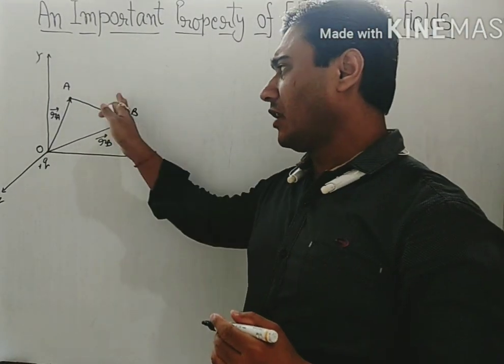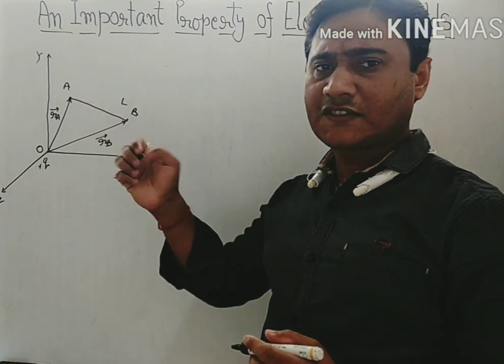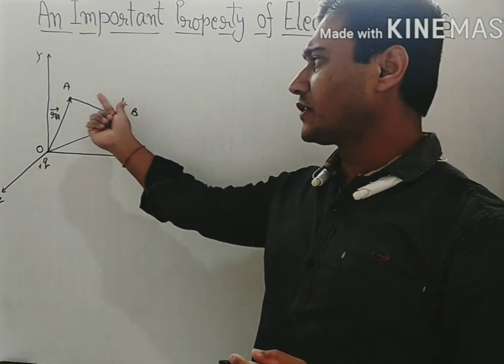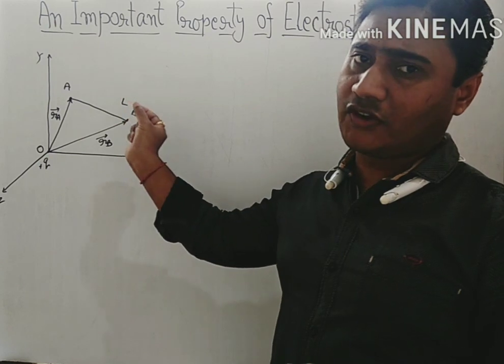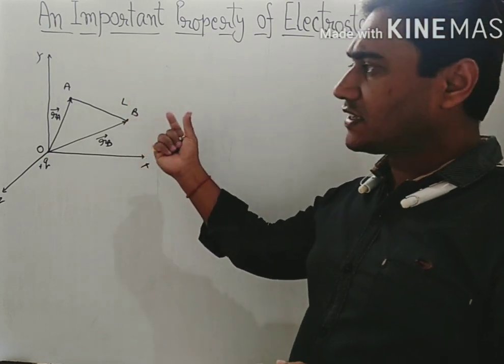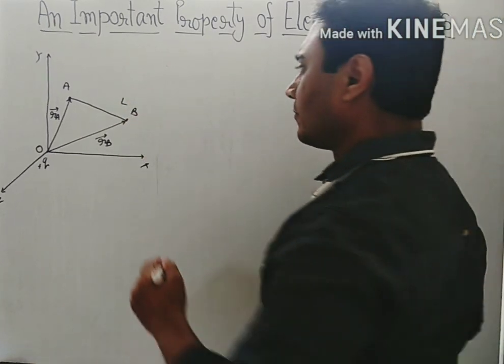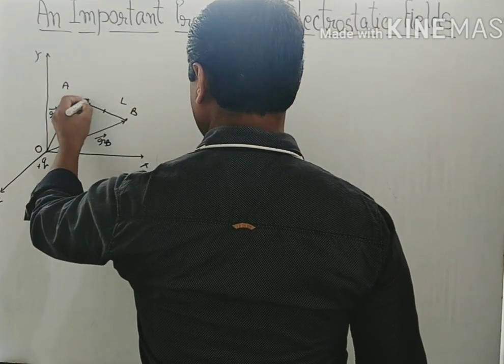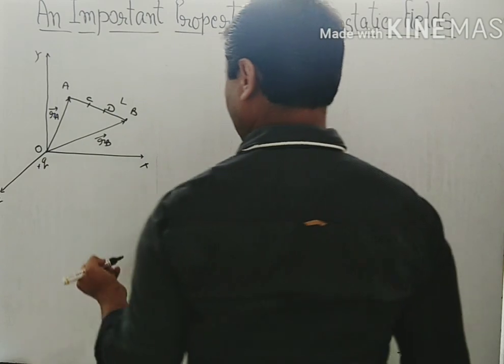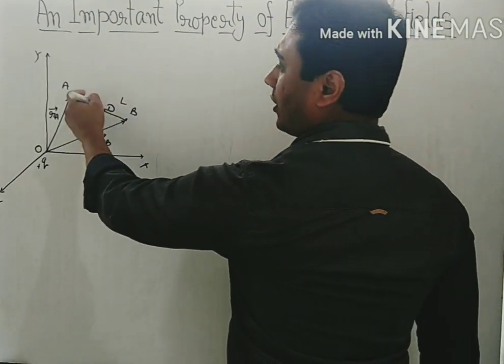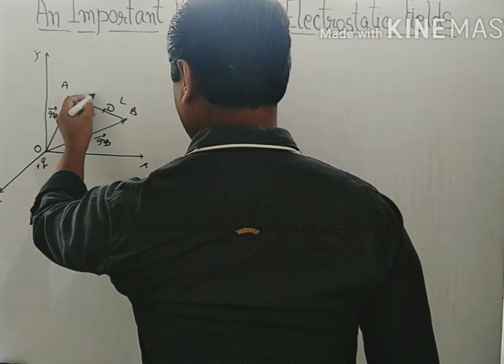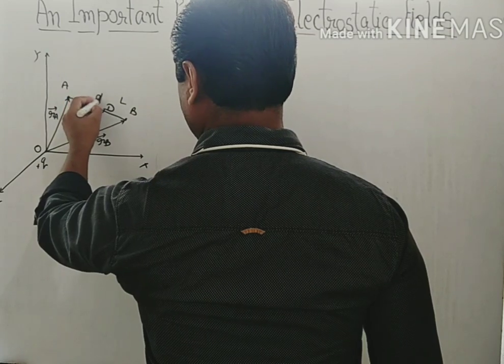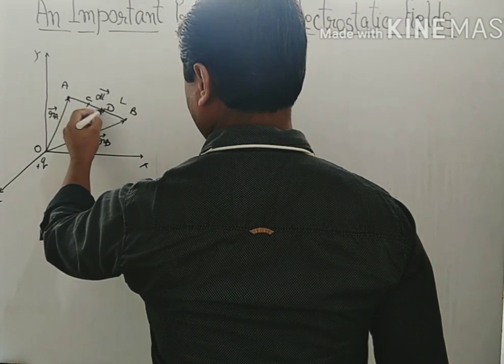Let me divide this path L into very infinitesimally small segments, each of length dl. One such segment is being considered now, and that segment is CD, which has a length of vector dl along this.